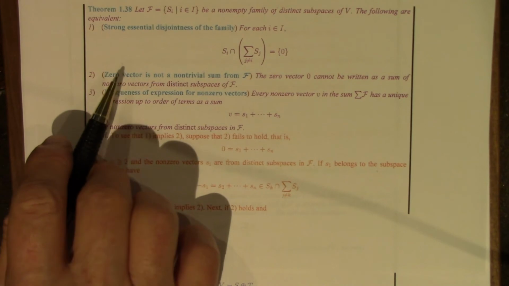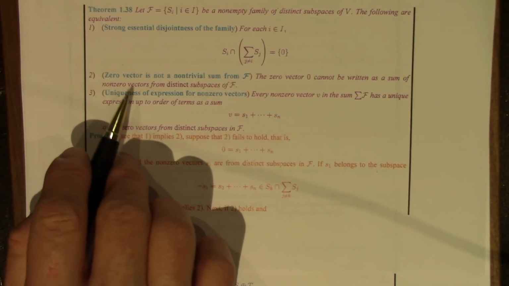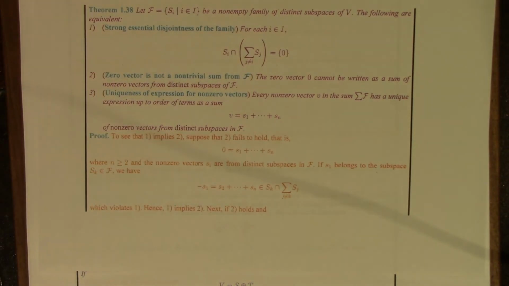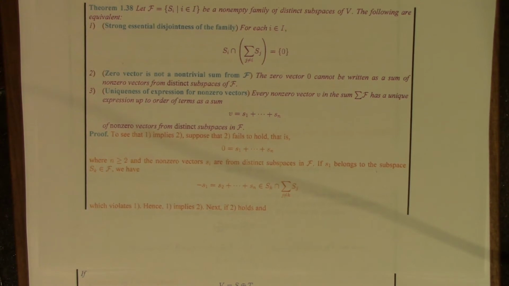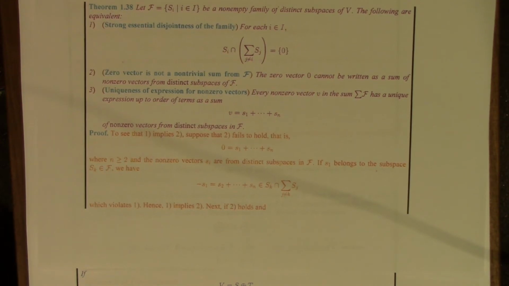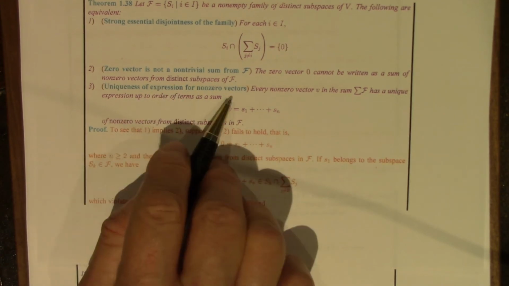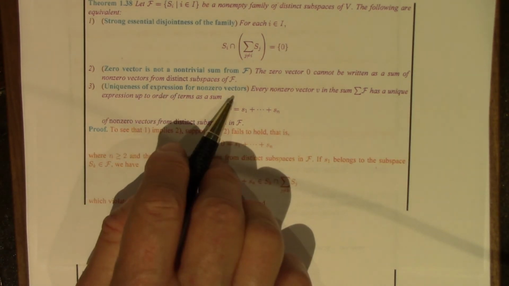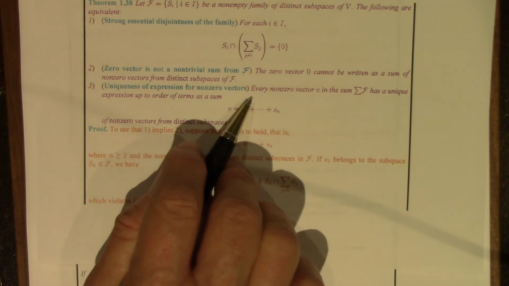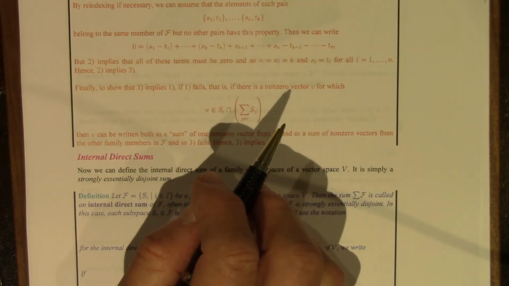Next, we assume 2, that is to say the 0 vector is not a non-trivial sum from the family, and we need to show that there is uniqueness of expression as a sum for non-zero vectors.